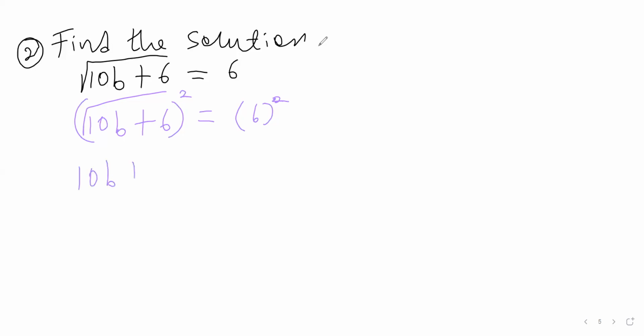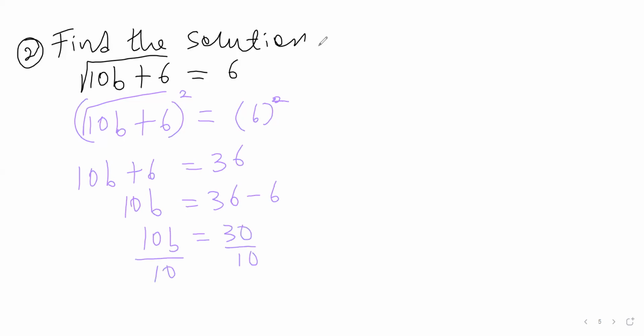So the square root goes away. We're left with 10b plus 6 is equal to 36. Then we have 10b is equal to 36 minus 6. 10b equals 30. Divide by 10. b equals 3.